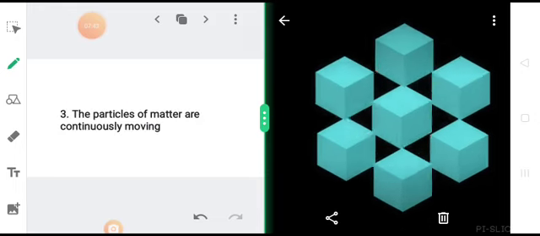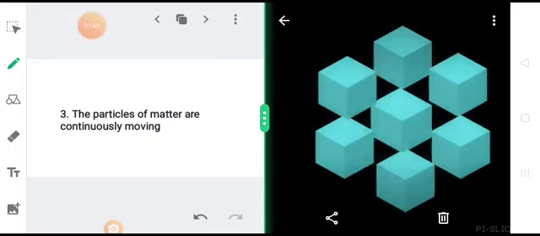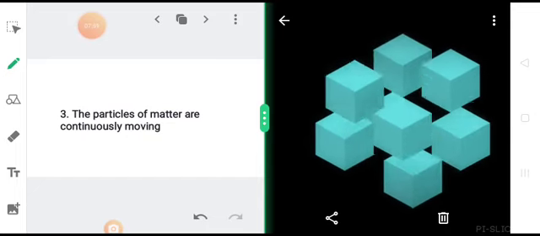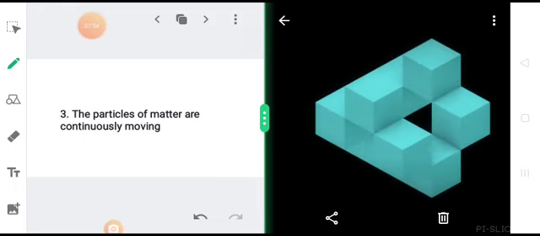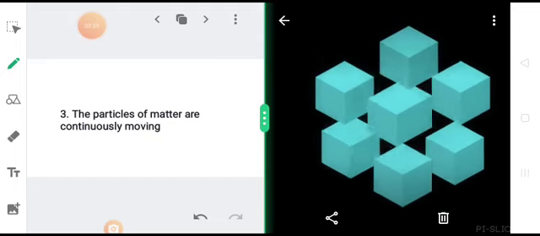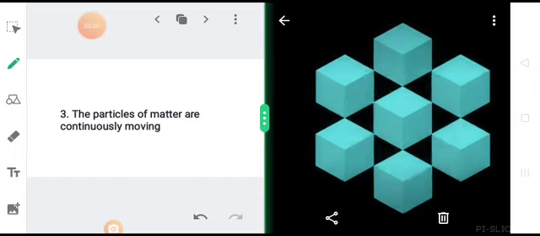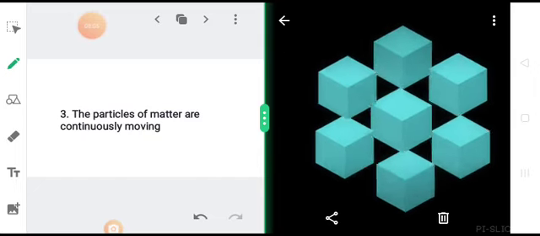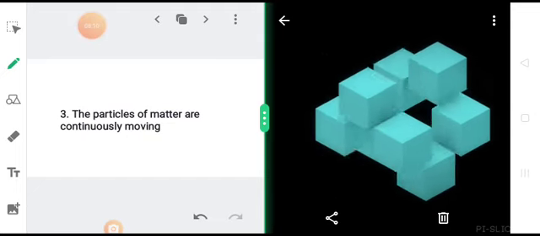Third, the particles of matter are continuously moving. One thing I would like to tell you at this moment is that anything in motion has energy, and the form of energy existing in particles in the state of motion is called kinetic energy. The kinetic energy present in the particles of matter does vary. The amount of kinetic energy does vary.